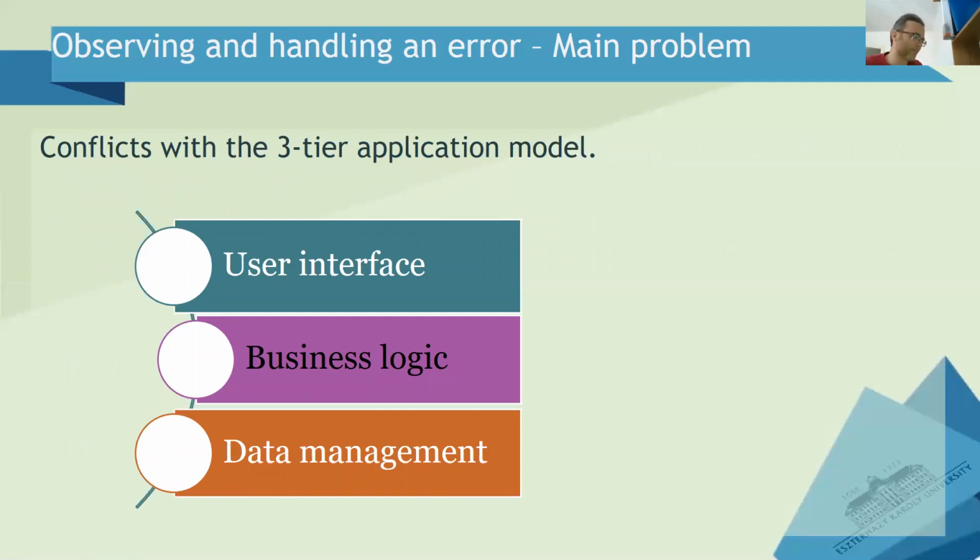And there is more. So typically in big software projects, the project is separated into layers. What you can see on the screen is the most basic layered model with 3 layers.